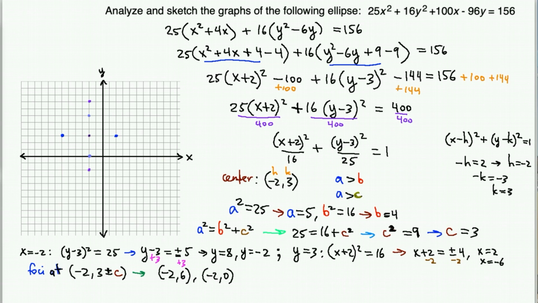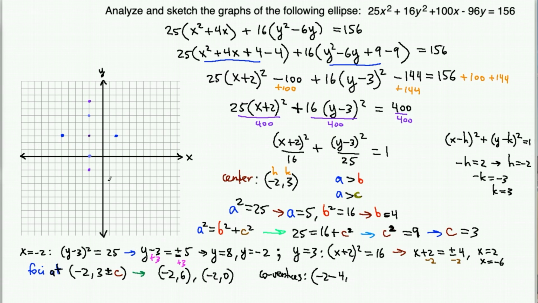Okay? So, let's find the other information. So co-vertices at -2, -4. Now be sure that you've put the X value first and then the Y value. So -2, -4, right? To give us -6 for the X value.